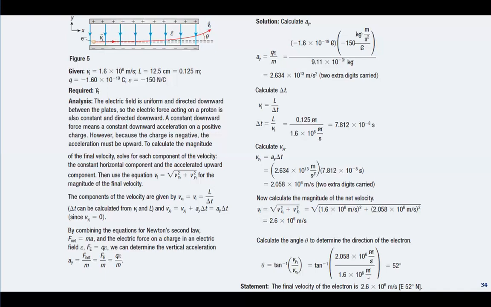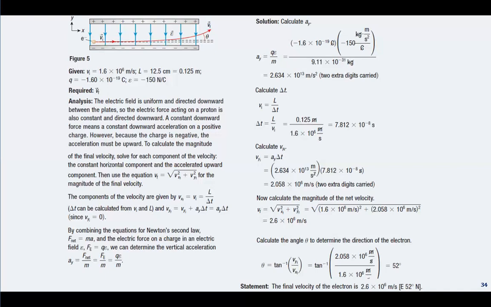Then we can find the magnitude of the net velocity using the Pythagorean theorem. So Vf equals the square root of vxf squared plus vyf squared. And this gives us approximately 2.6 times 10 to the power of 6 meters per second. Then because we know the components along the x and y axis, we know theta equals arctangent of vyf over vxf.